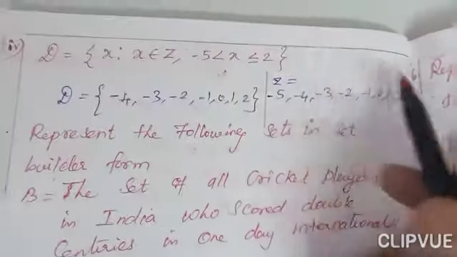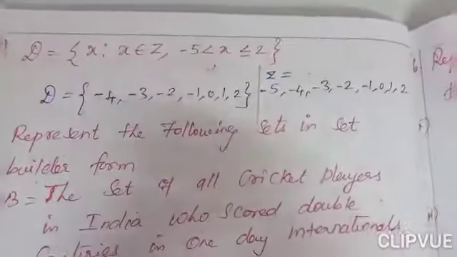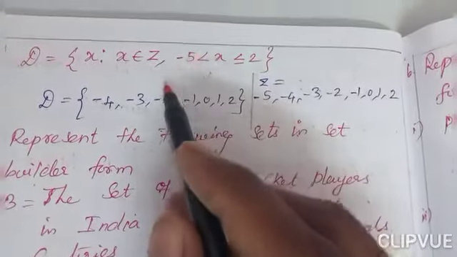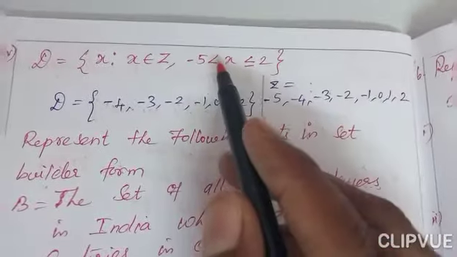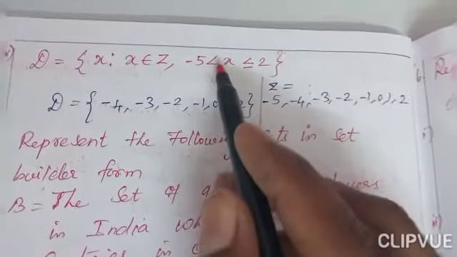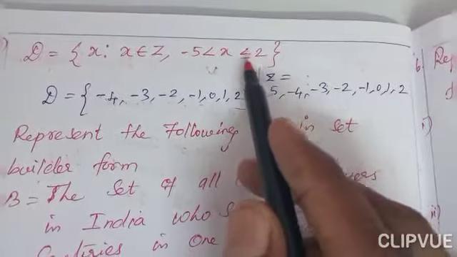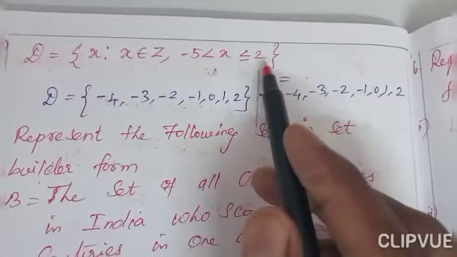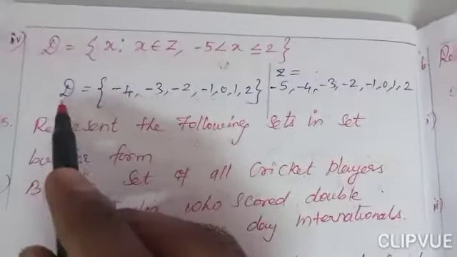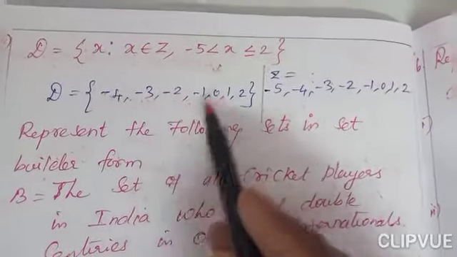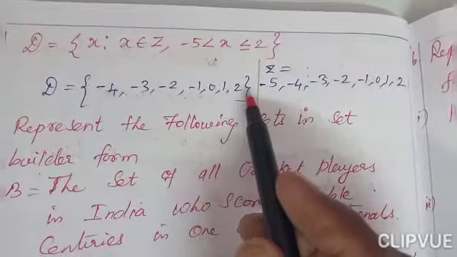From this set of numbers, which numbers are we going to take? We leave the number minus 5 because they have not given less than or equal to; they have given only less than. Here they have given less than or equal to, which means you have to take the number 2. So finally we can write the set D: minus 4, minus 3, minus 2, minus 1, 0, 1, 2.